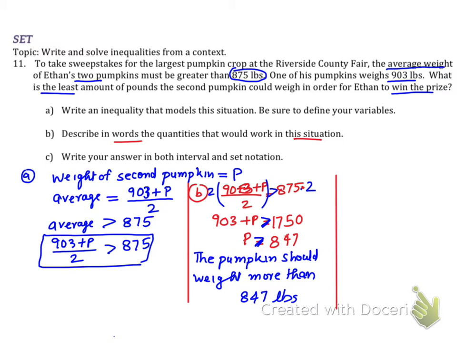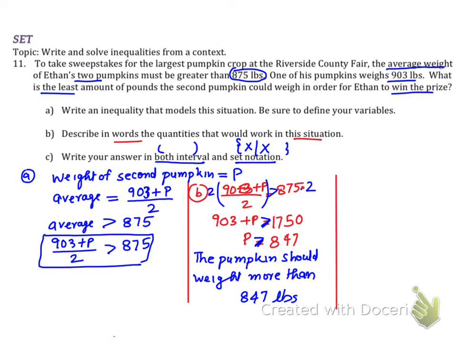That says write your answer in both interval notation and set notation. When we say interval notation, it means I have to write like this, and when I say set notation, we have to write like this: x such that x is taking what kind of values. Let me show you how to write it.